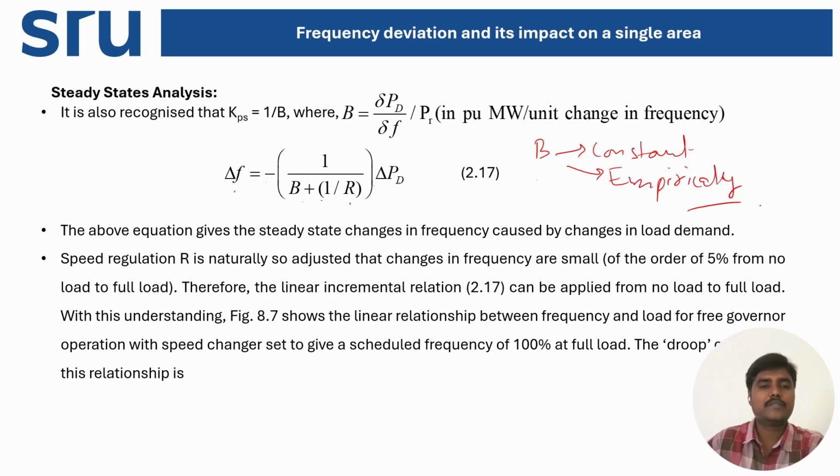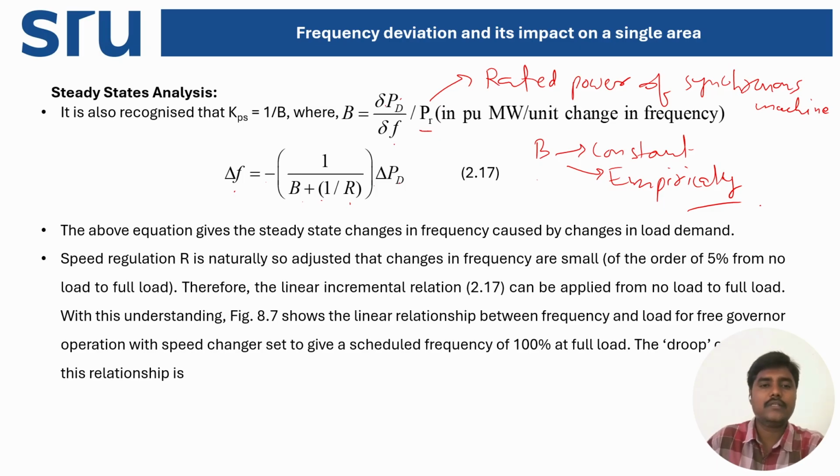And this B can be expressed as dou PD by dou F divided by PR, where PR is nothing but the rated power of the machine. Rated power of our synchronous machine. So the synchronous machine, what we are using in the power plant, that maximum power rating is nothing but this PR.